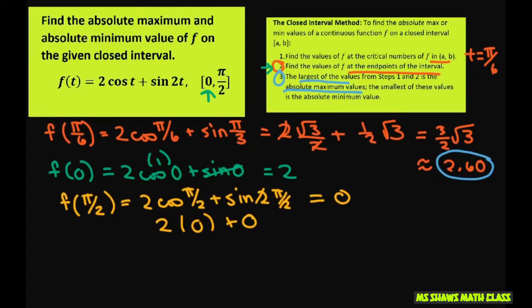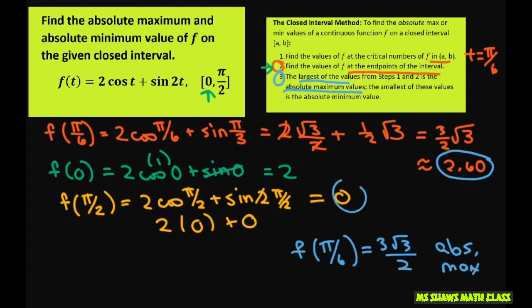So our absolute maximum is f of pi divided by 6 equals 3 square root of 3 divided by 2. And our smallest value is the 0. So f of 0 equals 0, and that is your absolute minimum.